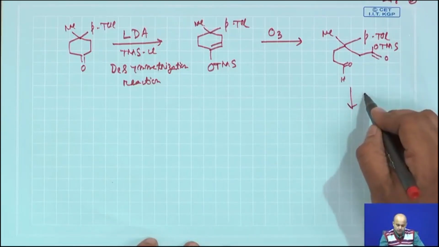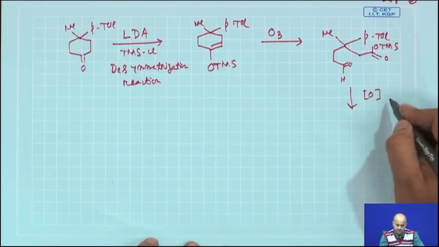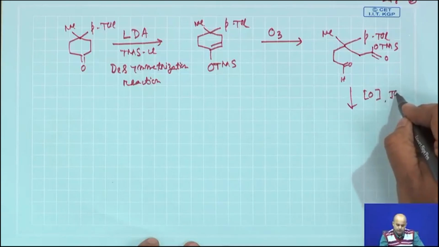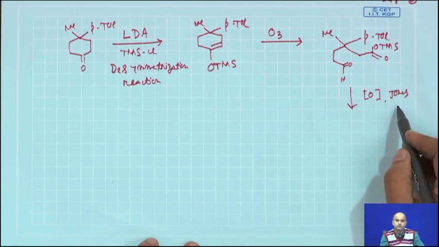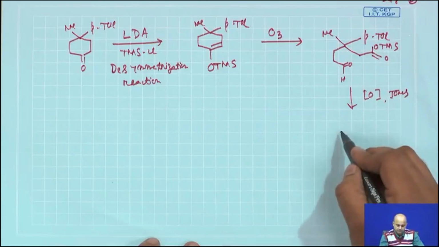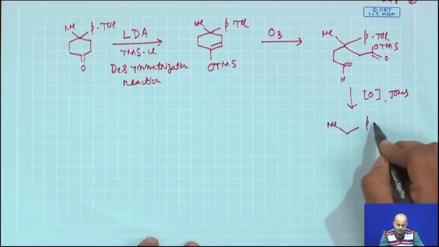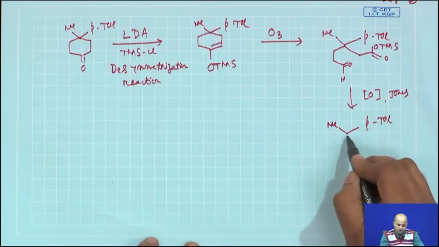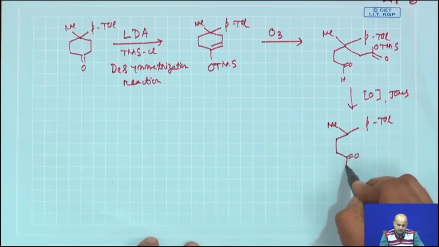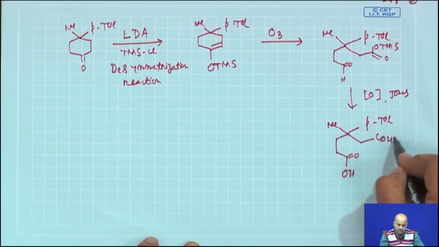So, what do you do first? Oxidize the aldehyde. Oxidation can easily be done by Jones conditions. Jones condition is highly acidic, so that will also keep this TMS ether. So, what you end up with is a paratolyl here and this diacid as the main product.